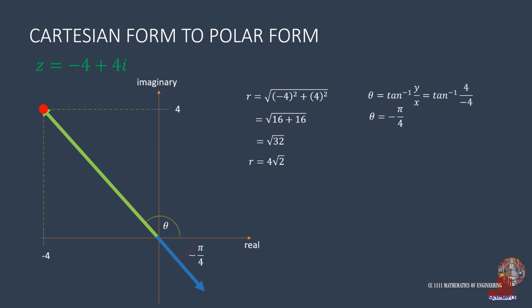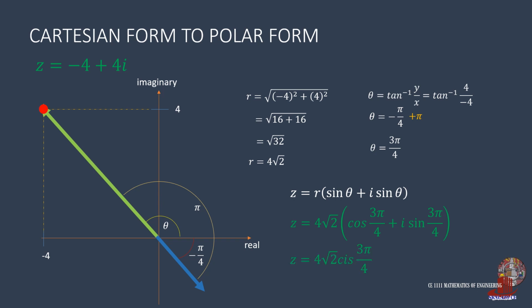In order to coincide with the vector we're solving, we add 180 degrees or pi. Thus, theta becomes 3/4 of pi. Knowing r and theta, we write the polar form of z as 4 root of 2 times cosine of 3/4 of pi plus i sine of 3 pi over 4, or that is 4 root of 2 cis 3 pi over 4.